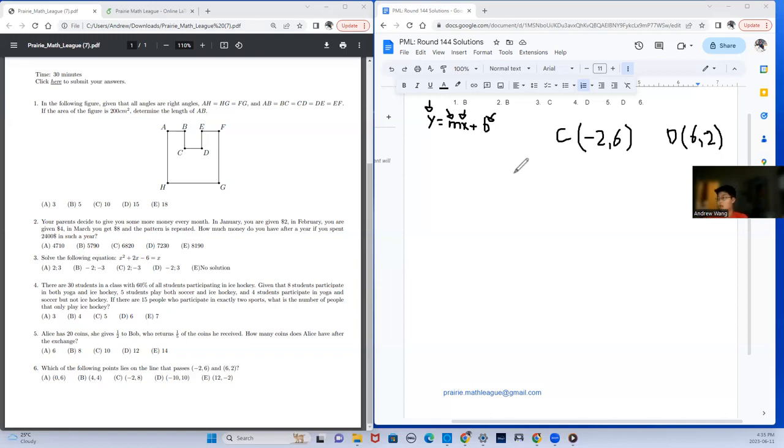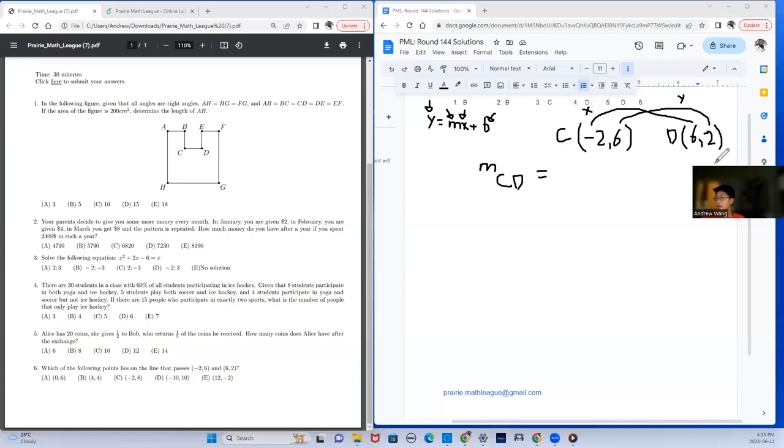First, we can see if we can find the slope. So slope is calculated like this, where it is basically the change in y value over the change in x value. So the change in y value is this 2 and 6 over here, and this is the change in x value.